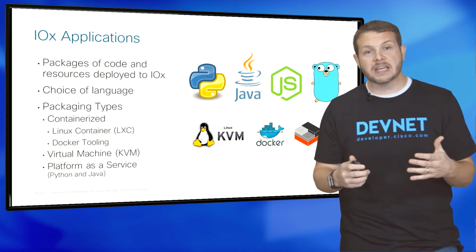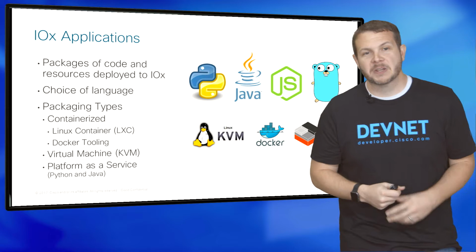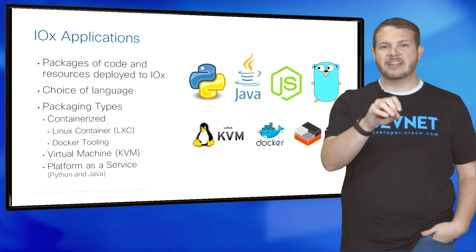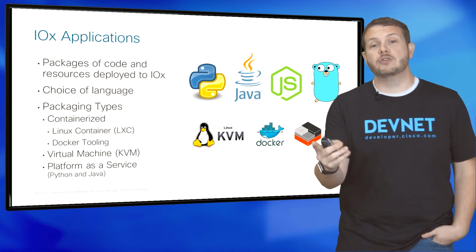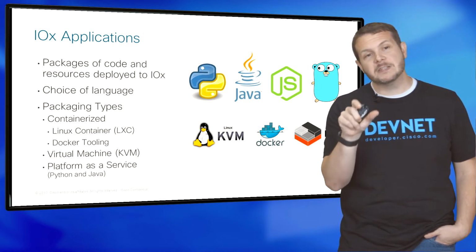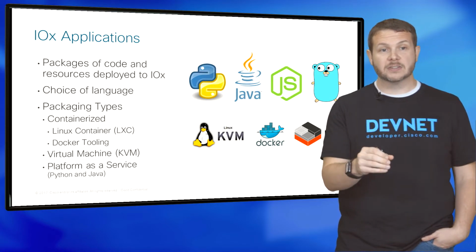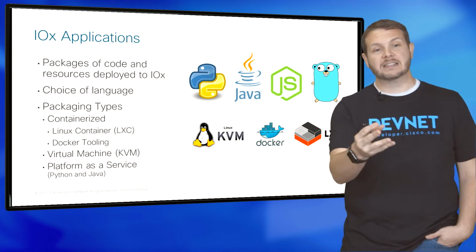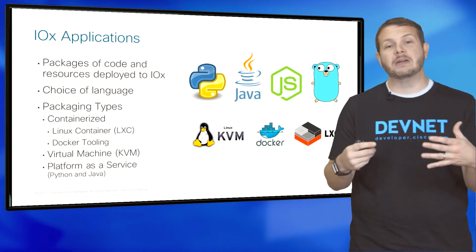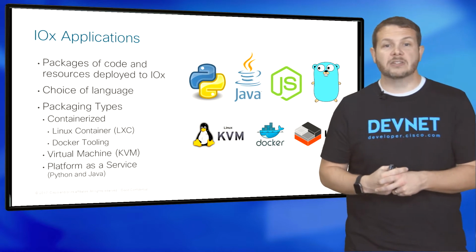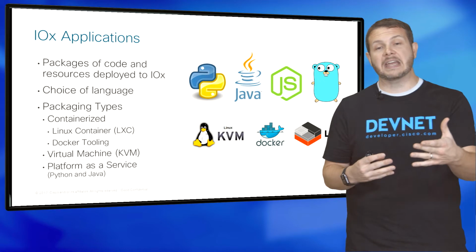Now, the applications that can be built with IOX are as large as the mind can consider. We've got code support across Python, Java, JavaScript for Node, Go, or really any language you may want to do. Because the way that this works is through packaging technologies. You're not limited by what IOX supports because we can use Linux containers or Docker tooling to actually package up our application with whatever it requires. If your application doesn't make sense to be containerized, we can run them in virtual machines using KVM.